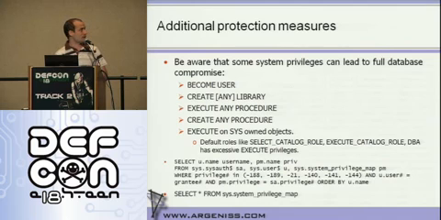Well, there are some additional protection measures that we can take. First, restrict the system privileges that can lead to full database compromise and the compromise of database vault, the become user, and those other privileges mentioned there. This SQL statement can be used to retrieve all the users and roles that have these dangerous system privileges granted.